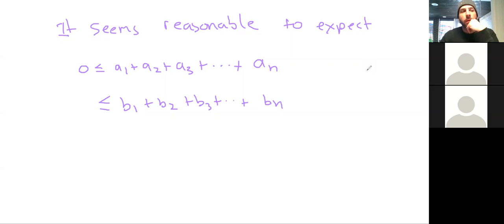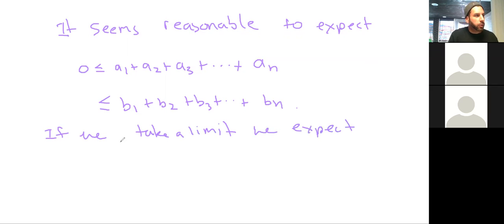All right, so again, if we're adding a group of numbers and if I correspond them, if A1's less than B1 and A2's less than B2, then it makes sense to expect this to happen. And so if we take the limit, what we expect is we expect 0 to be less than this guy.